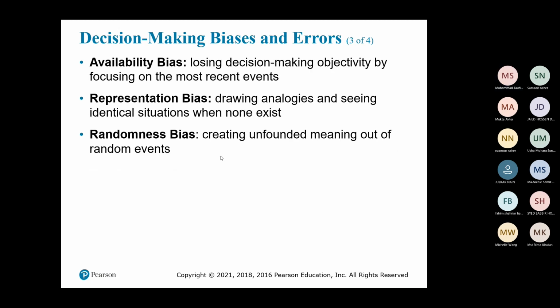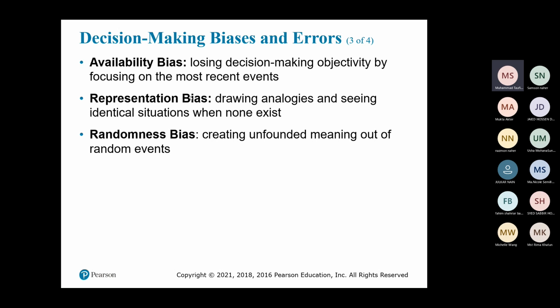And then availability bias: losing decision-making objectivity by focusing on the most recent events. Availability bias happens when decision makers tend to remember events that are the most recent and vivid in their memory. It will distort their ability to recall events in an objective manner and result in distorted judgment and probability estimates.